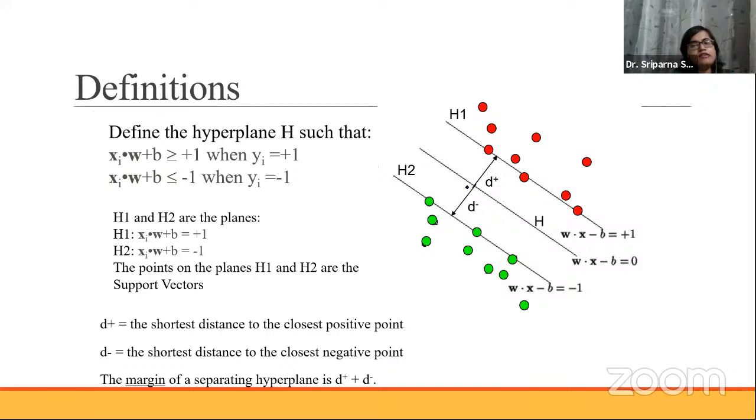These are the concepts, and how this is coming: as this was g(x), greater than or less than, in the scenario discussed earlier. In a similar fashion, earlier we took greater than 0 and less than 0. Here it is whether it is greater than or equal to +1 or less than or equal to -1.